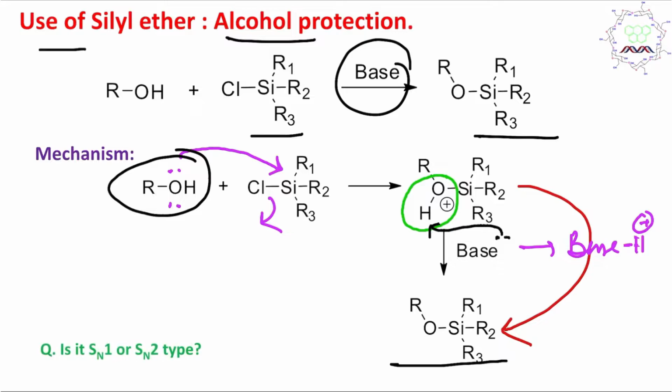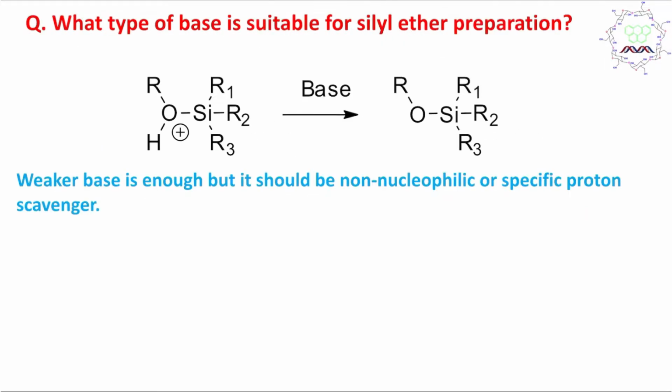So in this case, it is an SN2 type reaction. Now question: what type of base is suitable for this reaction purpose? The base is responsible to abstract this proton. If you look carefully, this oxygen, a significantly electronegative atom, is carrying a positive charge, and it is attached to this hydrogen.